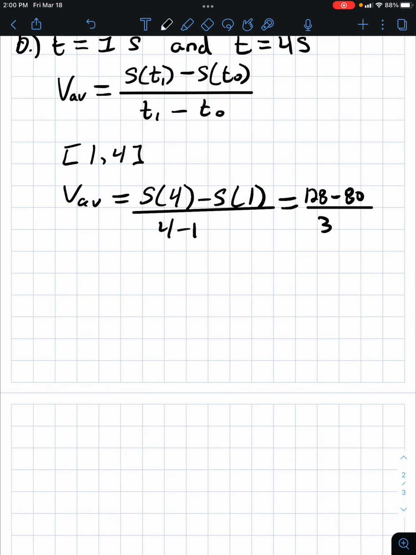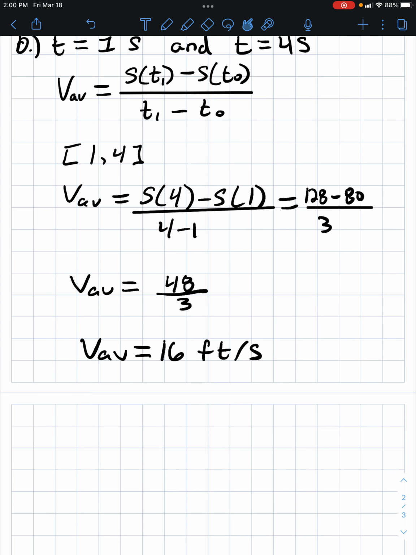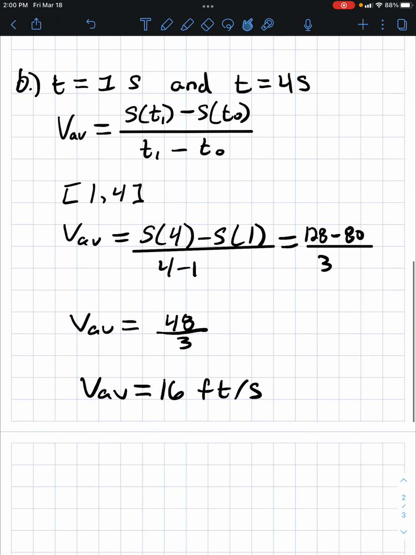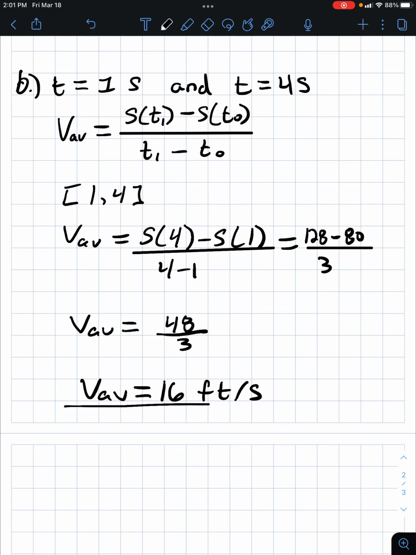So this gives us a v_av equal to 48 divided by 3. Therefore, our average velocity for part B is going to be 48 divided by 3, or 16 feet per second. And that is going to be the solution to the problem.